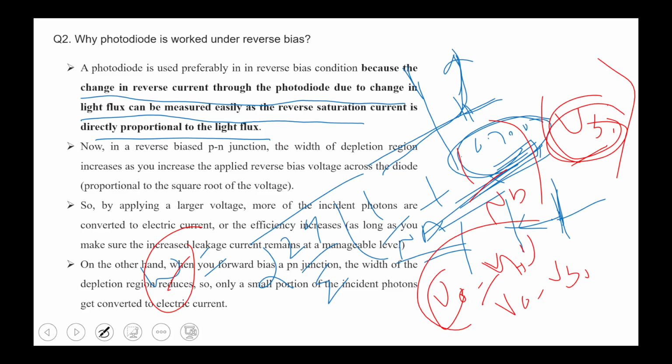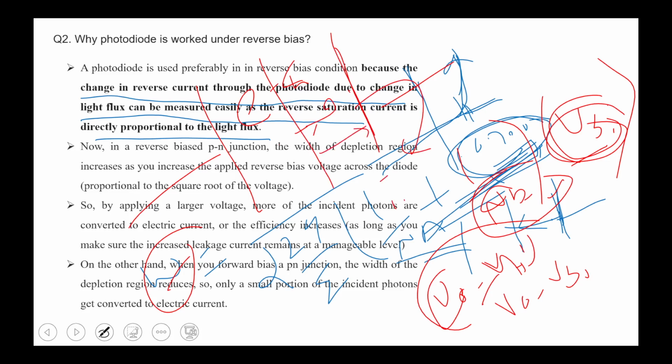So what will happen in that depletion region? If the width is more, more electron and hole pairs will be generated. If the width is less, it will generate fewer electron and hole pairs, and the output current will be very small. In that case we have more I dark current and less I photo current.